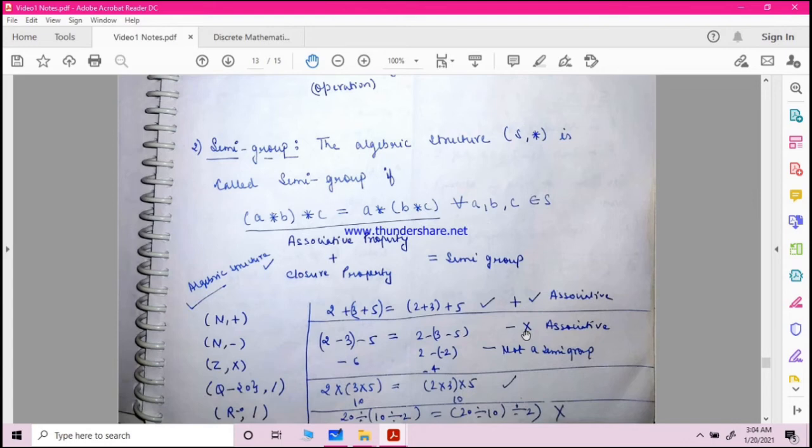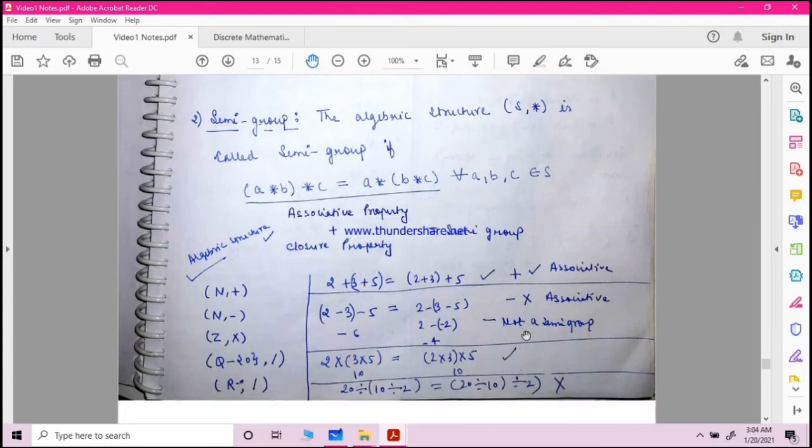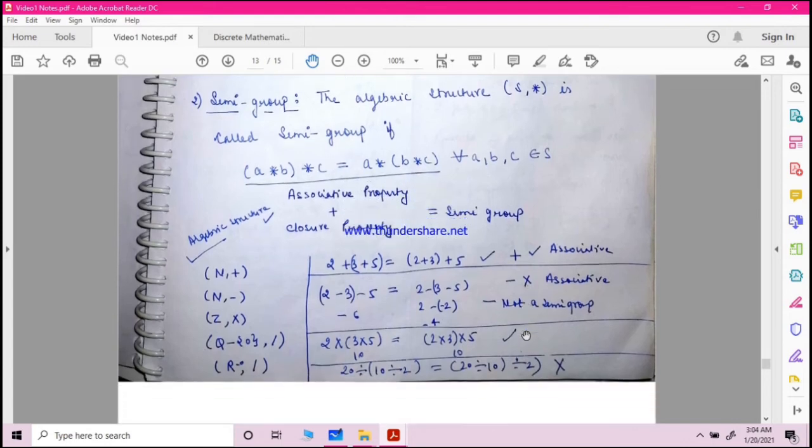Now you have to find out whether the given algebraic structures are semi-groups or not. So first of all, I am just checking the associative property, and if the associative property is true, I can simply say that this is a semi-group, or otherwise that this is not a semi-group. So this is how you have to identify by checking the associative property.